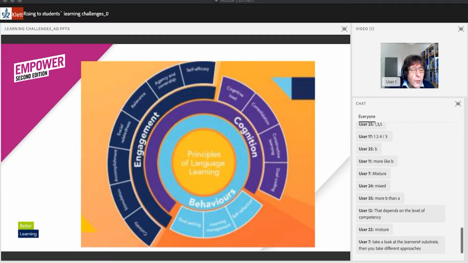This is a chart which shows them. I know you can't read this very clearly. It's a screenshot, I'm afraid, but I think you can see that within the principles there are these three main areas of cognition, engagement, and behaviors. And within each category, there are subcategories. So, for example, within cognition, there is cognitive load, there is consolidation, and so on.